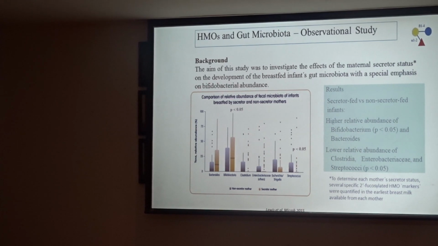So, as I said, there is a secretor woman and a non-secretor woman. The microbiota are different. Even if she is a breastfeeder and non-secretor, the bifidobacteria are more in the secretor mothers. The mother who secretes 2-fucosyllactose has more bifidobacteria and less Clostridium and less E. coli than those who are non-secretors.